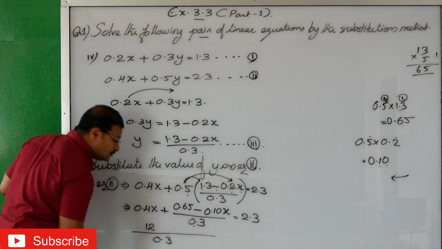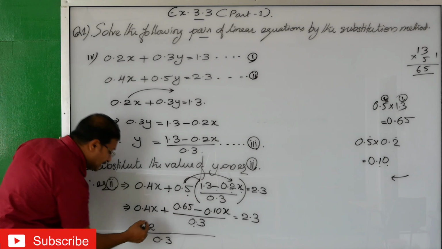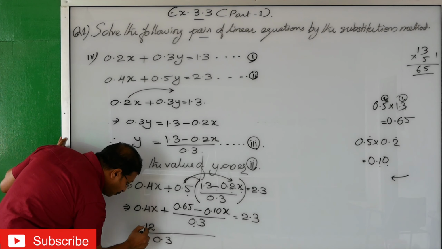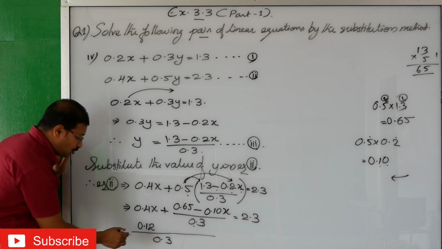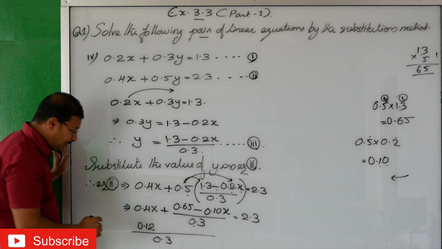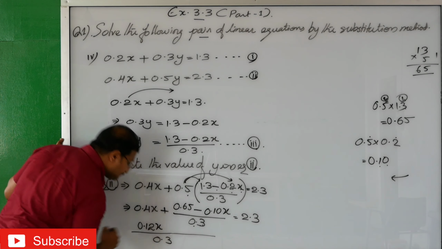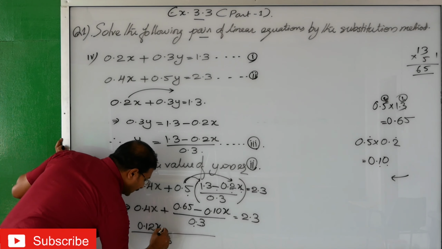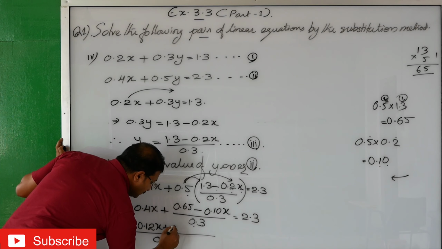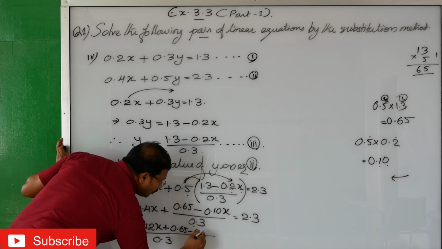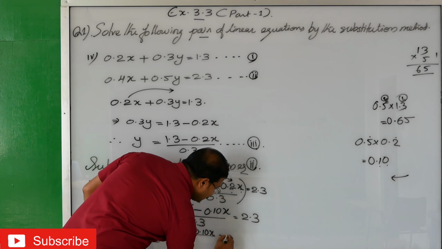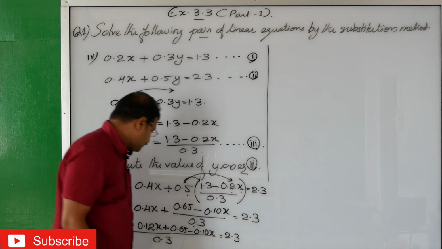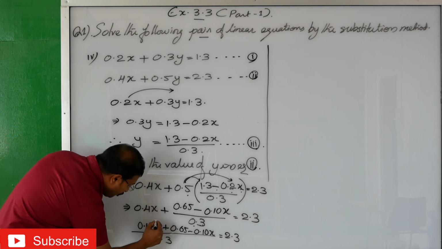After that 2 digits, so 1 2, point we will put, and before that a 0. That means 0.12x plus the same, 0.65 minus 0.10x equals 2.3.